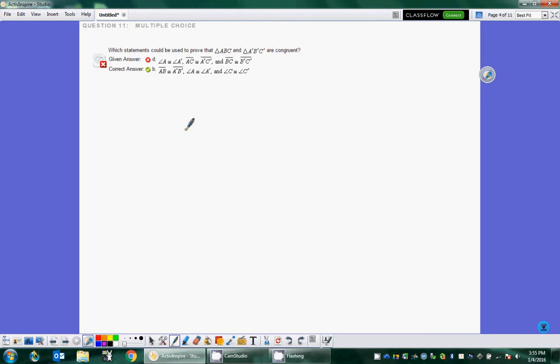Okay. So here, basically what I tell people is anything that's marked in your proof that they already gave you, make sure you mark it on the diagram, because once you get to the diagram, it's how you did these earlier ones. Once I've got the diagram marked, yes, you always start with the given. That's always going to happen.